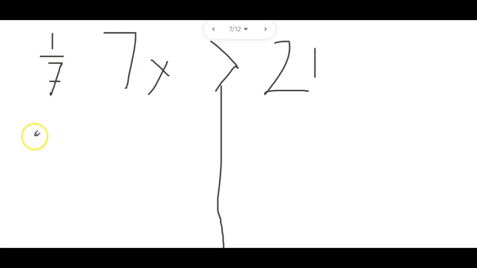All right, so you're basically looking at 1/7 times 7 over 1 x. This crosses out and x is left by itself.